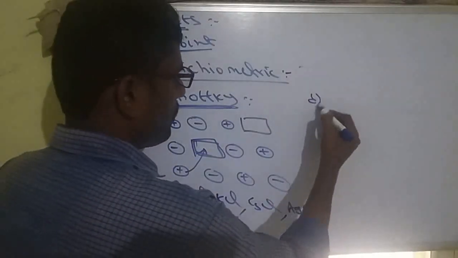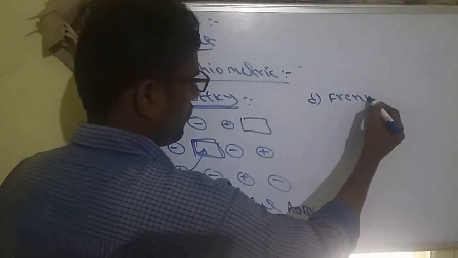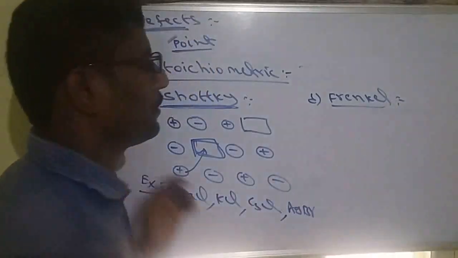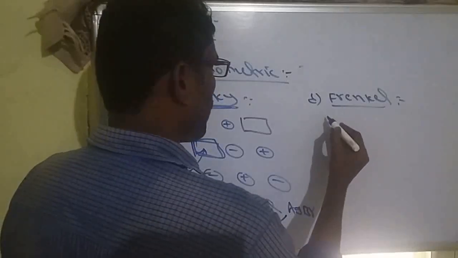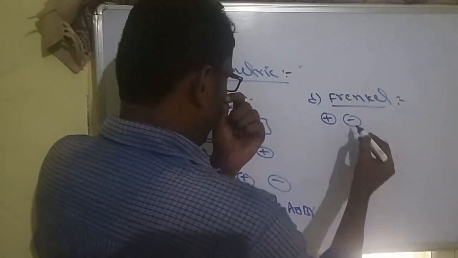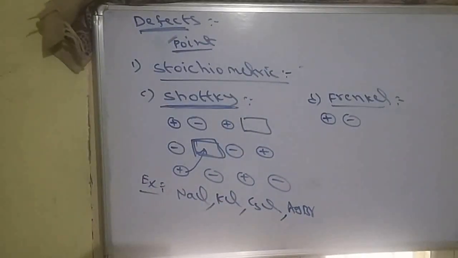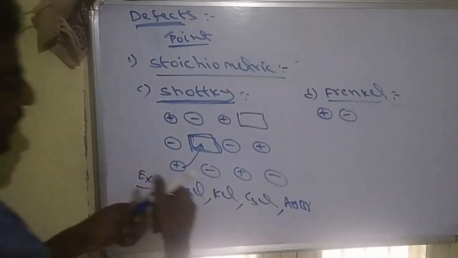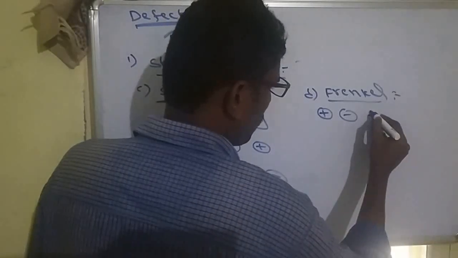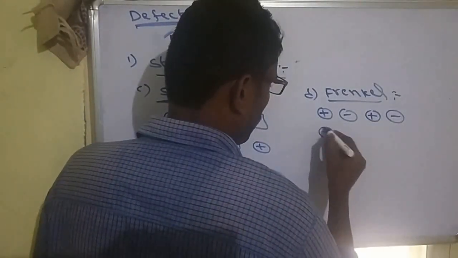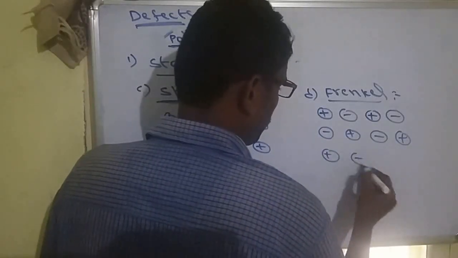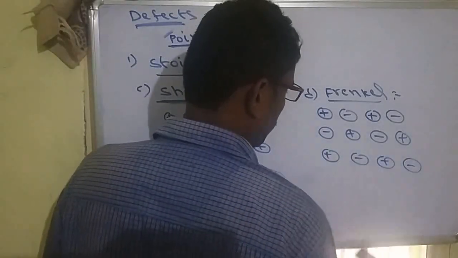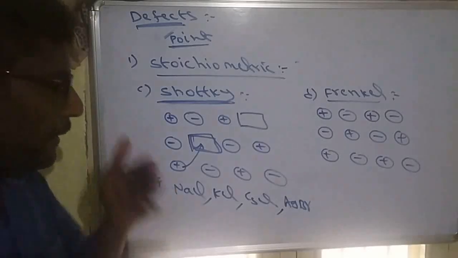Another one is Frenkel defect. What is the Frenkel defect? It is also present in ionic solids. See this, this is an ionic solid.